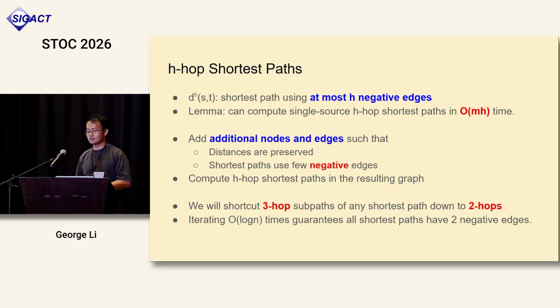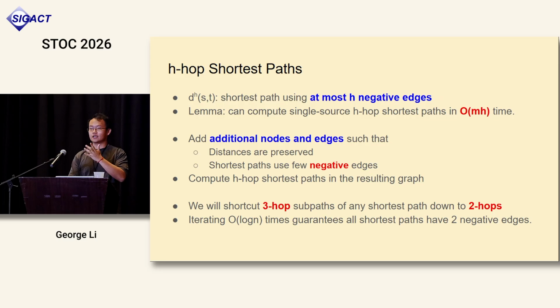And now if you repeat this log n times, you'll guarantee that all shortest paths have, let's say, 2 negative edge weights. Sorry, 2 negative edges. And then you compute 2-hop shortest paths on this resulting graph, and that runs much faster than Bellman-Ford.